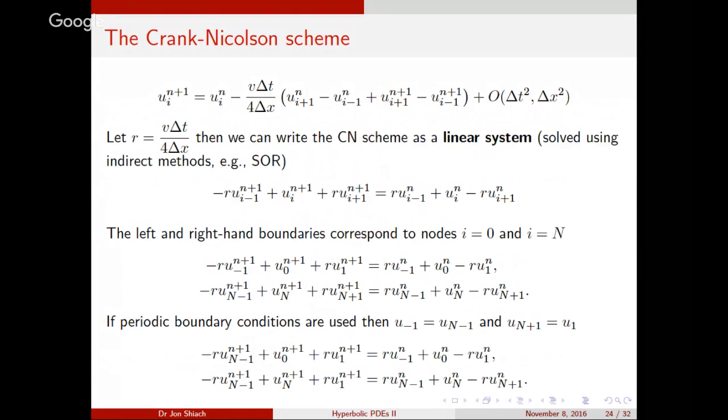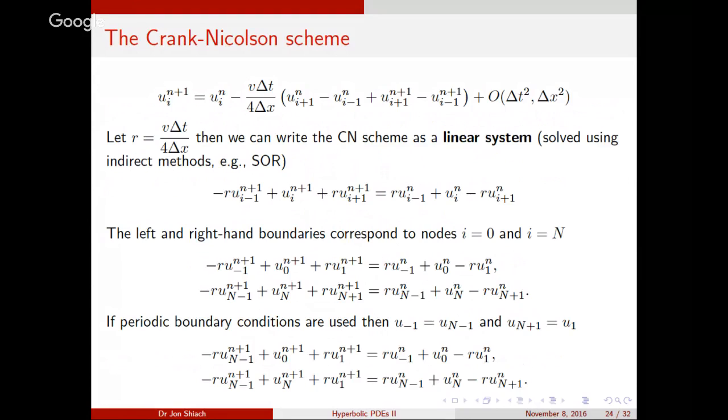So that value there and that value I've put over to this side. And on the right-hand side, I've just left the current values. We know what the values of those are. We don't know what the values of those are. The other ones we do. So this is a linear system.